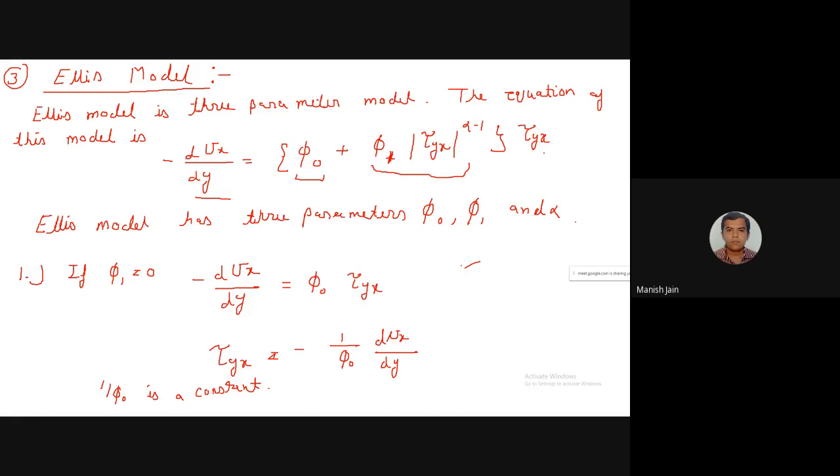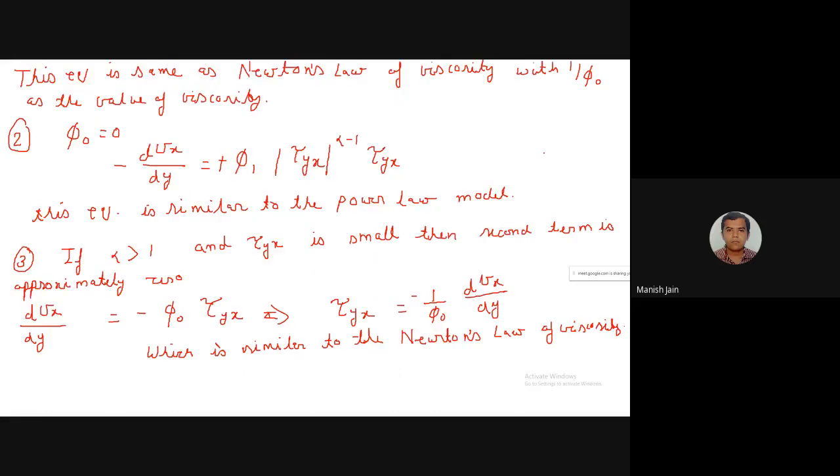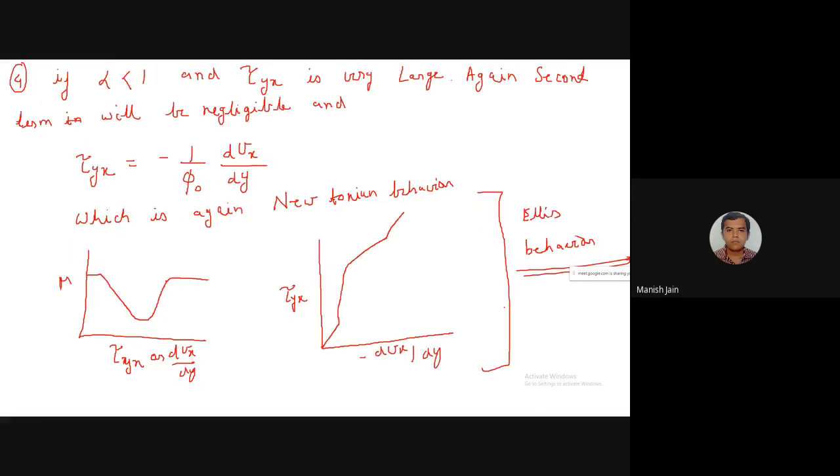In this case, if tau yx is very small, then you will get tau yx equal to minus 1 by phi naught dvx by dy, and if tau yx is very large, then again you will get the same answer. Okay, so the viscosity at low shear stress and high shear stress is the same. Only in between do you have the non-Newtonian behavior.